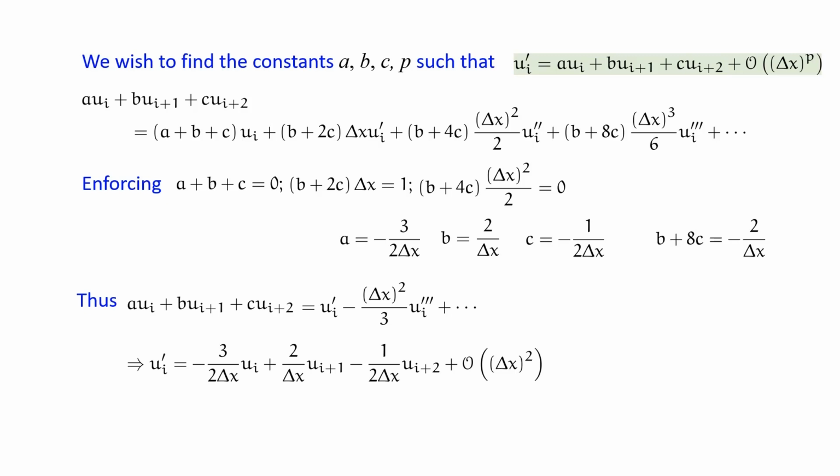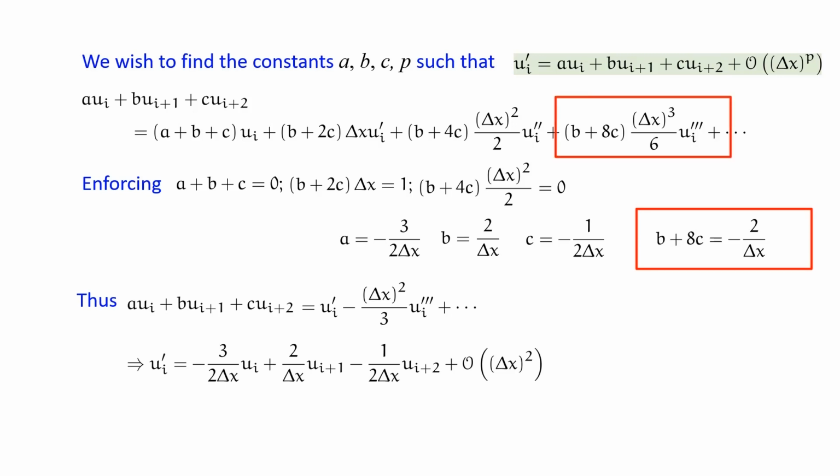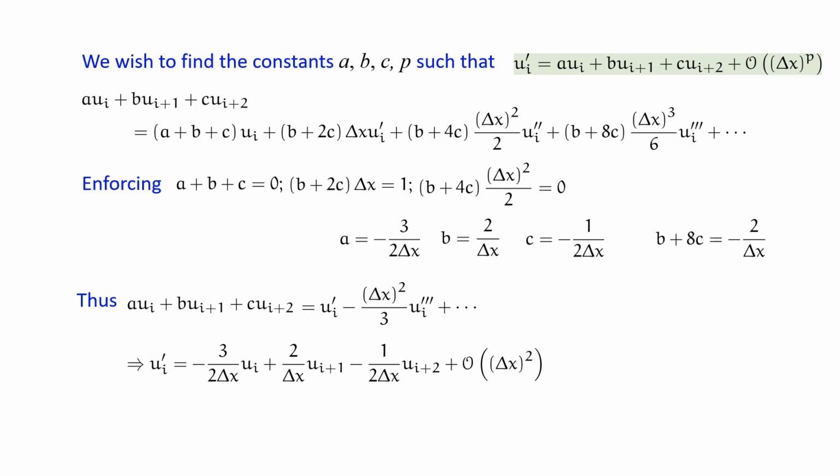Because b plus 8c is minus 2 by delta x. So b plus 8c multiplied by delta x cube by 6 will give us delta x square by 3 exactly. And these are additional terms, part of truncation errors that will remain in our scheme. And the leading term of truncation error has this delta x square. So the usefulness of the b plus 8c calculation is clear now.